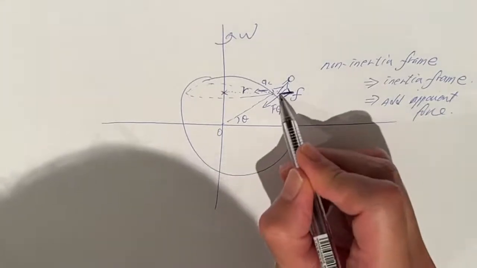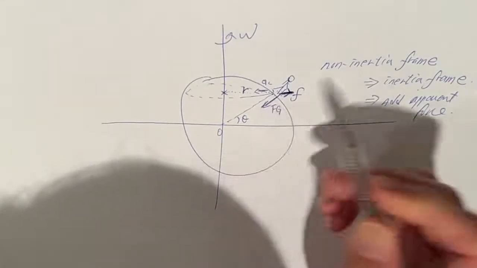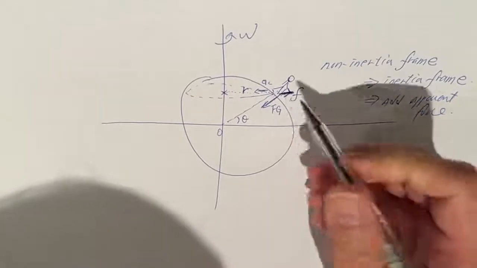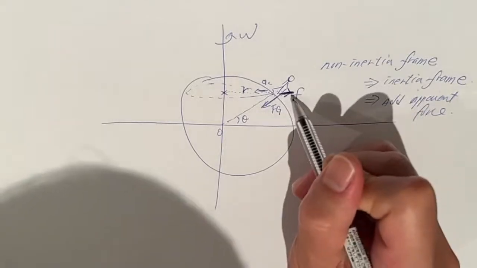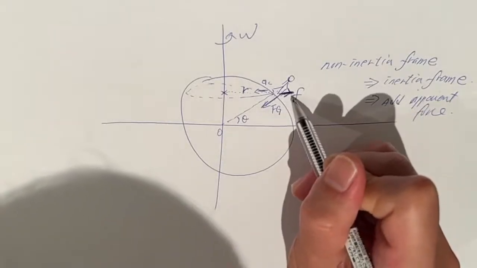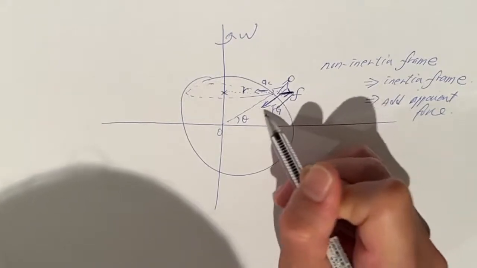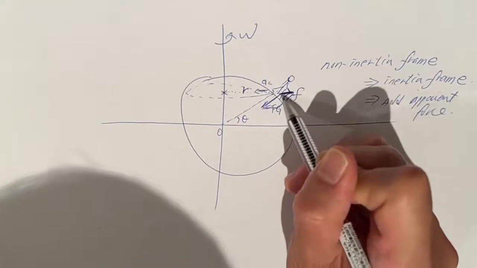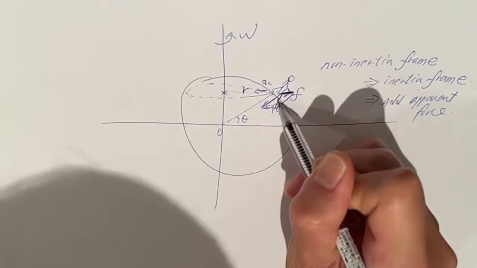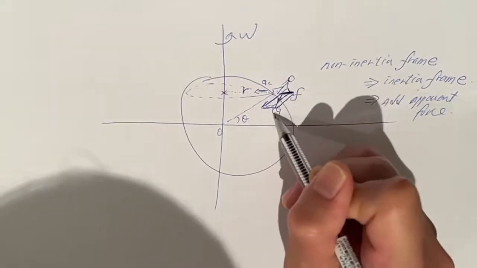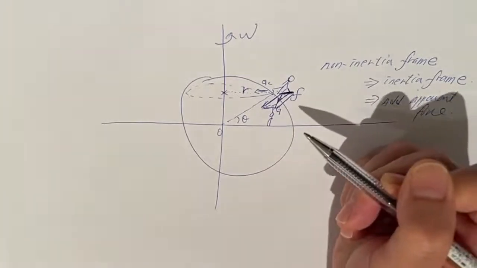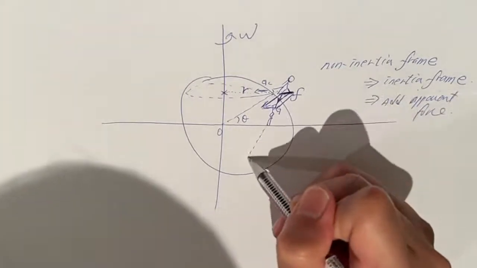Now, since the person has two forces, as you can see, if you draw the diagram, by adding these two forces by drawing a parallelogram, you can see that the actual g is somewhat pointing towards this direction.